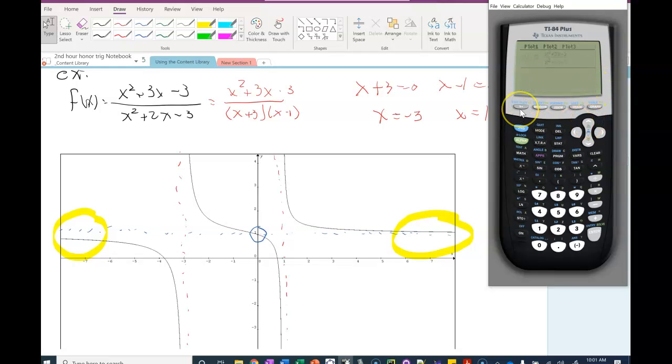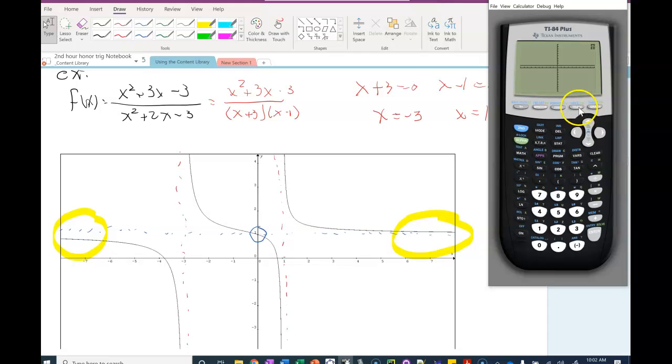Did I type something in wrong? Plus 2 minus 3. Why is it not showing? Anyways, whatever, it doesn't matter. I have the right thing in here. Oh, I know why I can't see it. It's because the window is so wide. Whatever, I got the right thing in. It's fine.